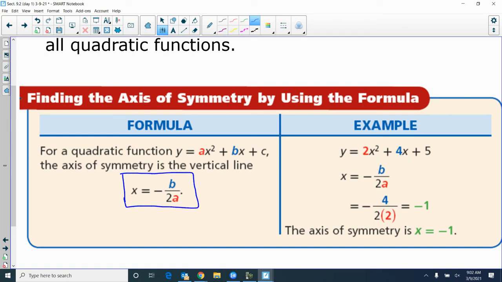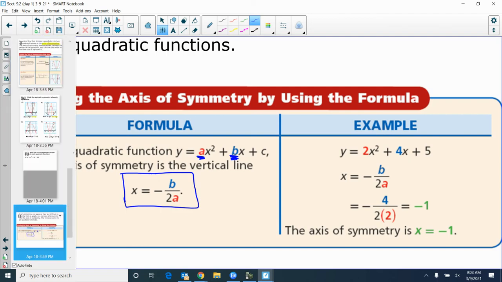Now what is the b and what is the a? They show you right here. The b is the number in front of the x. A is always the number in front of the x squared. Once you get y by itself, and 9 times out of 10, y is already going to be by itself. So now that's how we figure out the axis of symmetry if we don't have the graph.